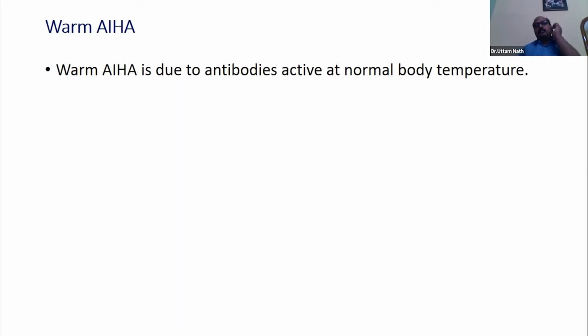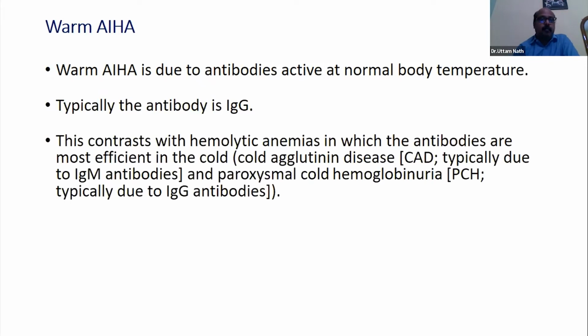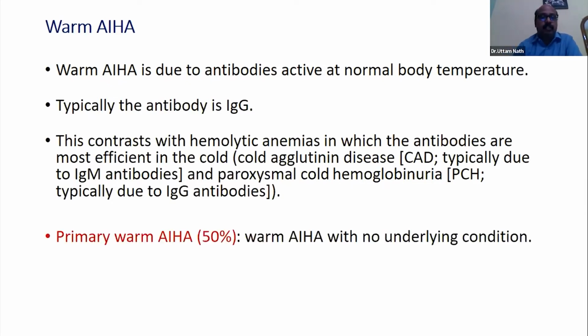Coming to the most common subtype of AIHA, which is the warm antibody AIHA. It is, as I have said, due to antibodies which are active at normal body temperature, which is typically around 37 degrees. Typically, these are IgG antibodies, in contrast with cold agglutinin disease, where there are IgM antibodies.